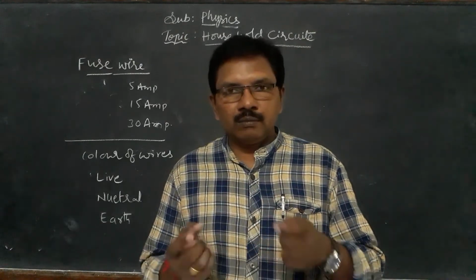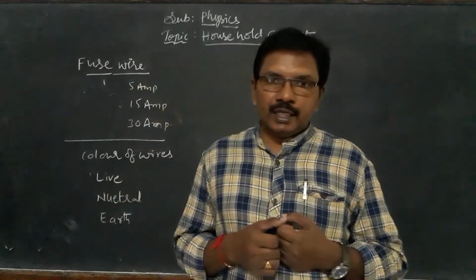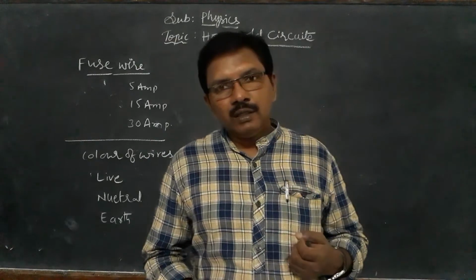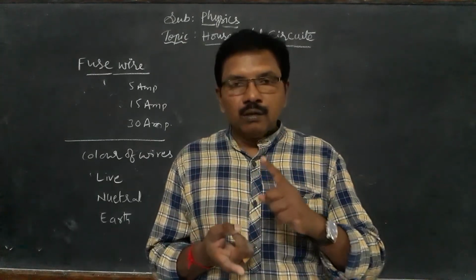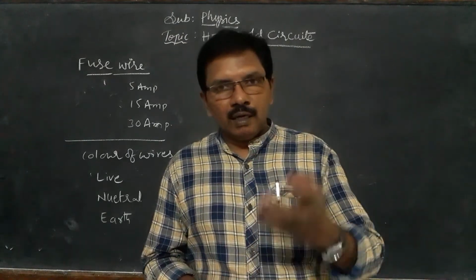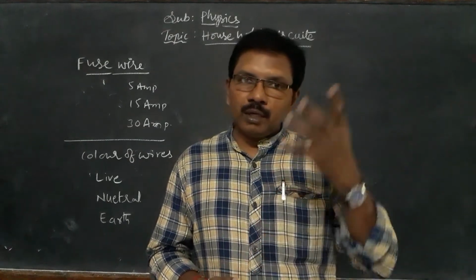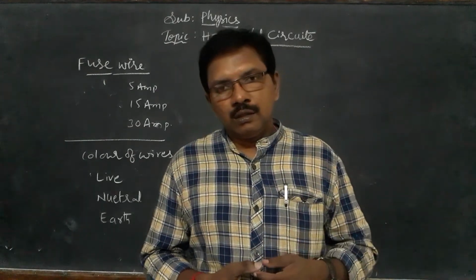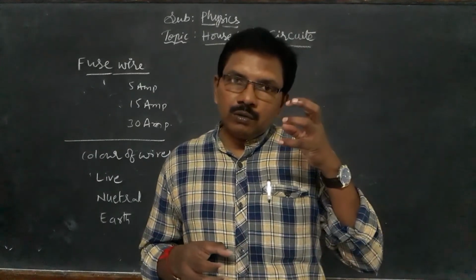What will happen then? Fire will generate, a huge amount of fire. Fire generates when the neutral and live wires connect to each other. Then heat will generate and fire will be produced, burning the circuit, the house and other things. So that should be proper.